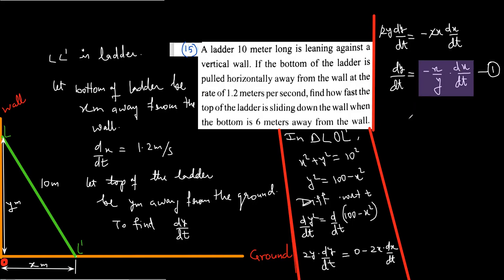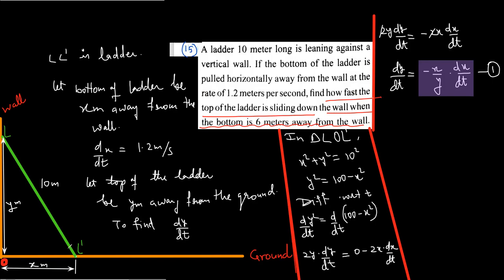But here a very important question is that dy by dt I'm getting minus x upon y into dx by dt. So here I need to understand what do I do for x and y. dx by dt I know it is 1.2 meter per second. See, very clearly they have mentioned that you need to find how fast the top of the ladder is sliding down the wall when the bottom is 6 meters away from the wall.